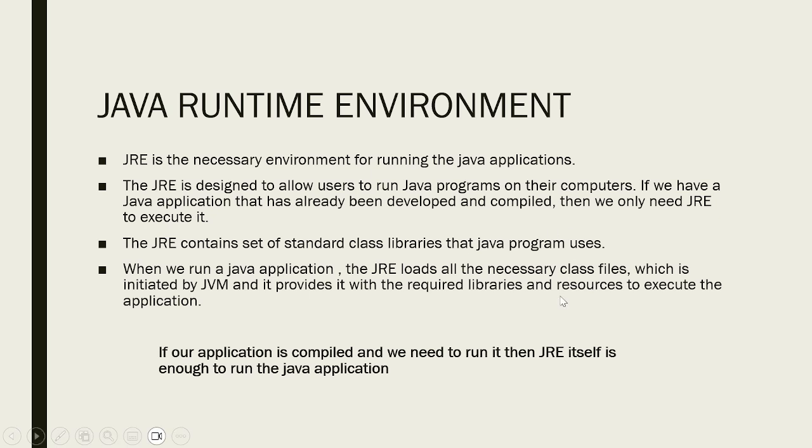JRE contains the standard libraries which we use in our Java program. When we run a Java application, the JRE loads all the necessary class files which is initiated by JVM, and it provides the required libraries and resources to execute the application.